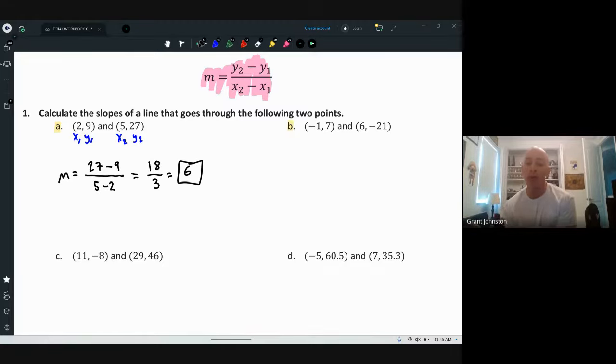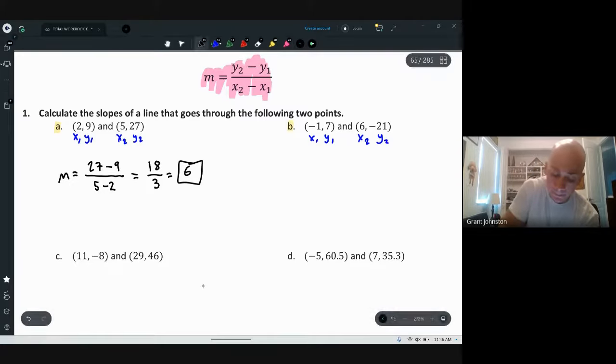But hopefully you understand what the formula is saying. We're trying to find the change in y, so we're subtracting the y's. And then we're trying to find the change in x, so we're subtracting the x's, and then we're dividing them to get that slope. So let me just show you one more. That's x1, y1, x2, y2.